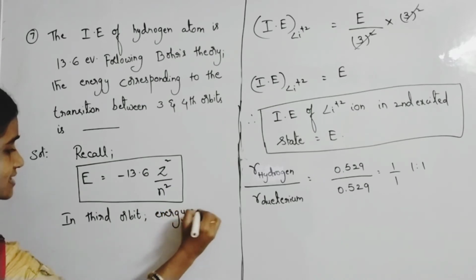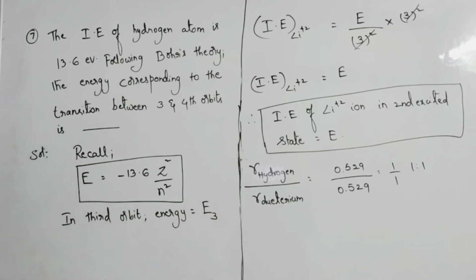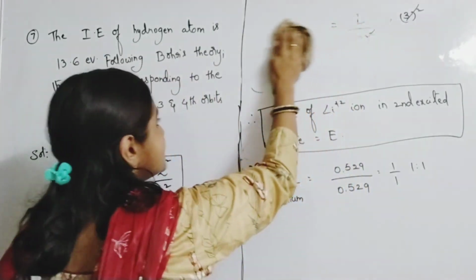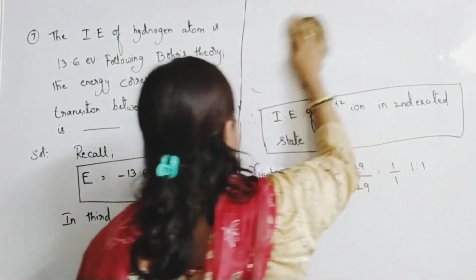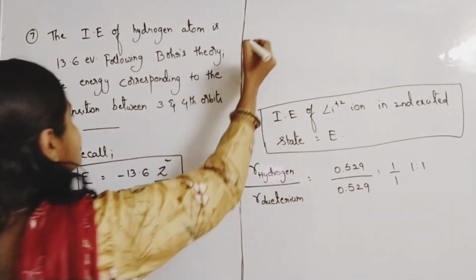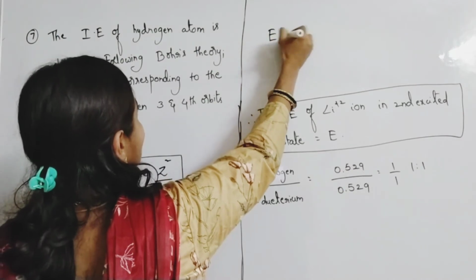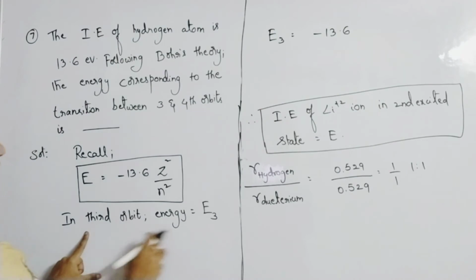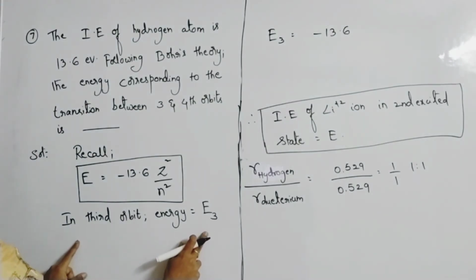In third orbit, E3 is equal to minus 13.6 into Z square by N square. Here N value is 3.